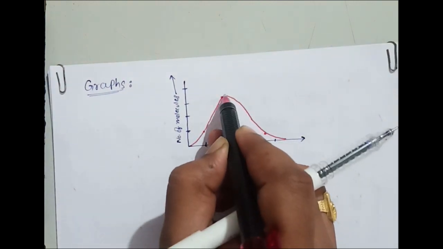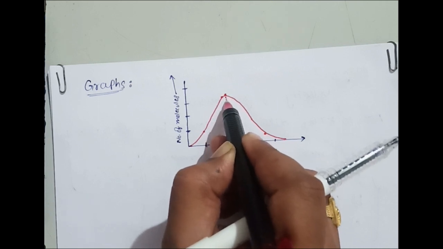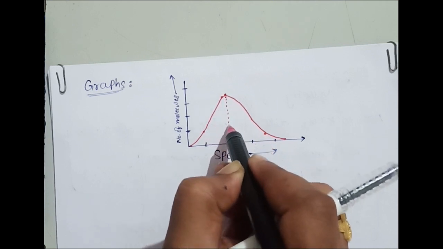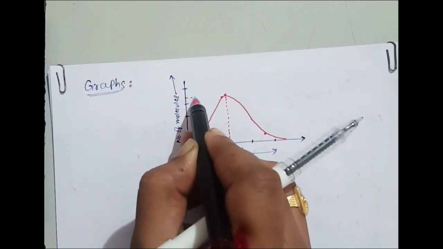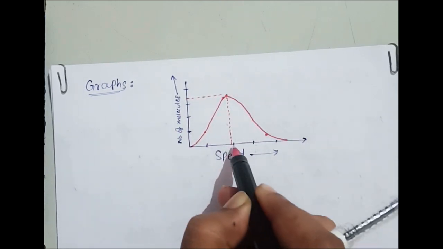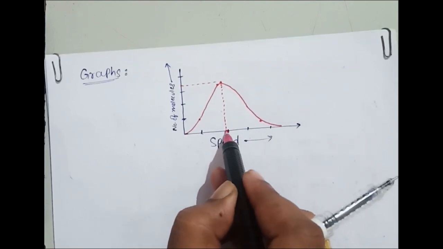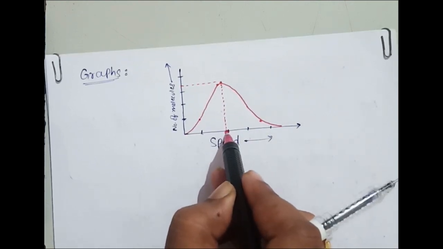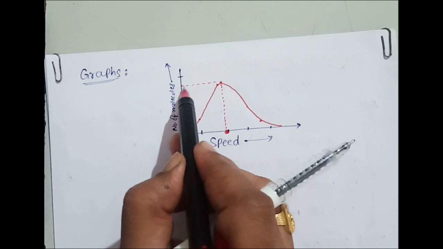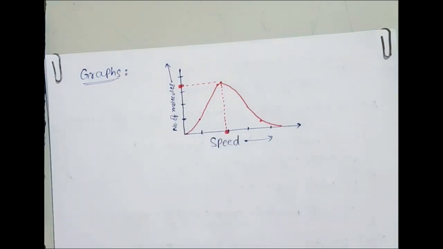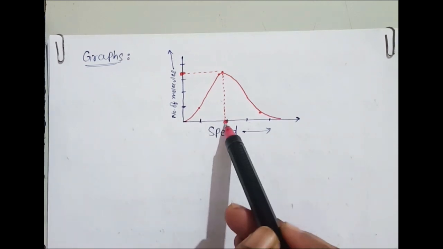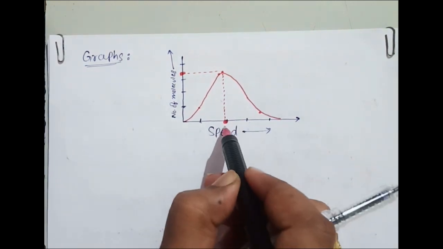Here, what is this point? You tell me what this point is. If you understand this point, then you will understand the whole concept. Yes, you tell me what this speed is. This speed is the speed possessed by the maximum number of molecules. Am I right? Let us say this is the x speed.